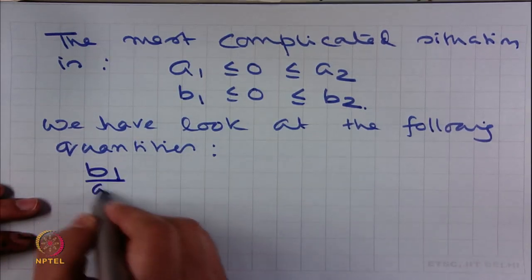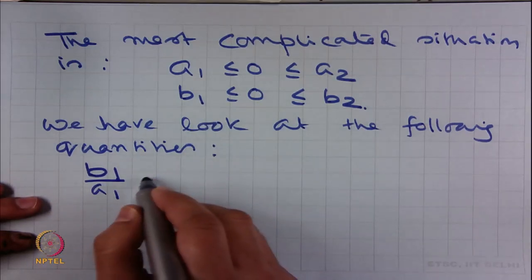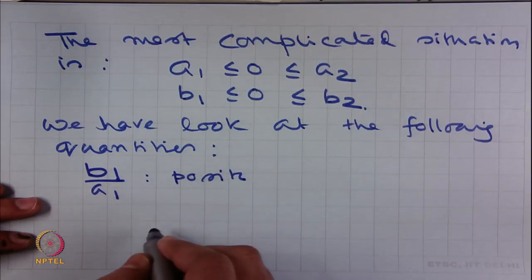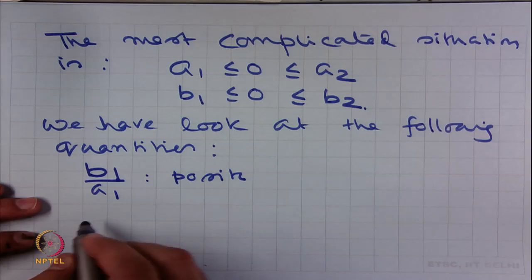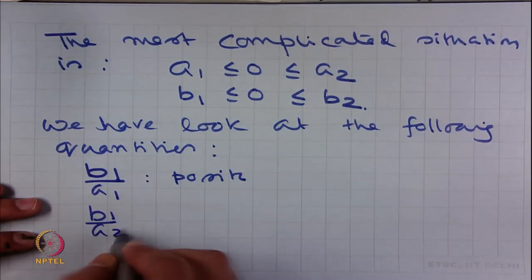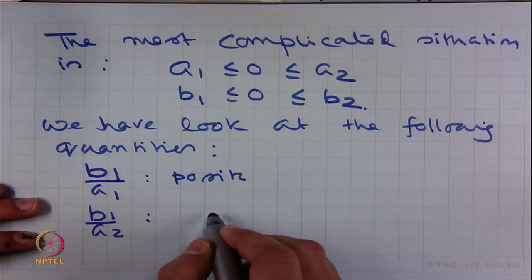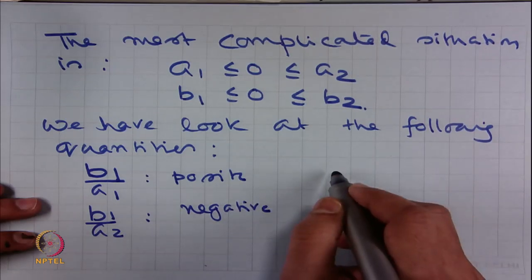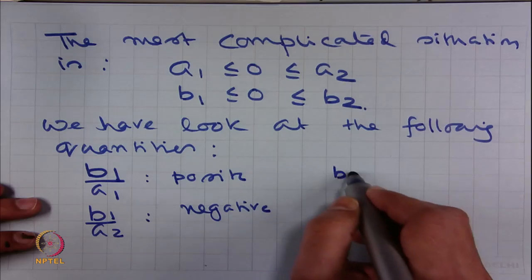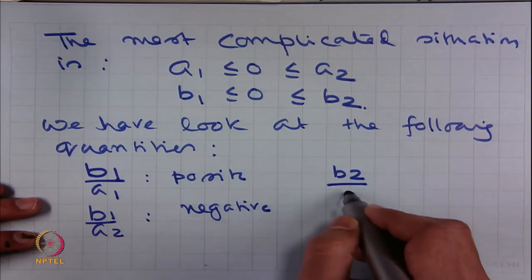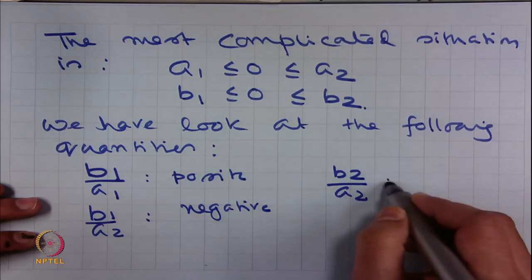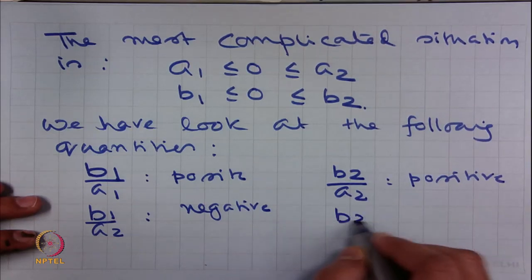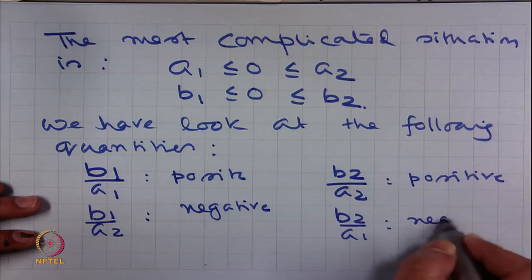B1 upon a1, which is going to be positive, and B1 upon a2, which is going to be negative, and B2 upon a2, this is going to be positive, and B2 upon a1 is going to be negative.